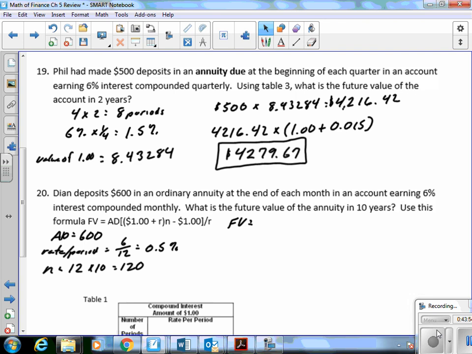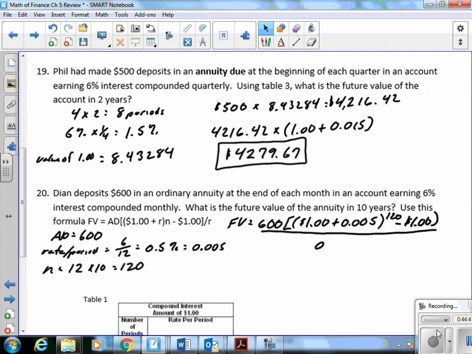Future value equals the amount deposited, 600, times the quantity 1 plus the rate R, converted to a decimal, 0.005, to the N power, which is the 120th, then subtract 1 from that, and divide it by the rate of 0.005.